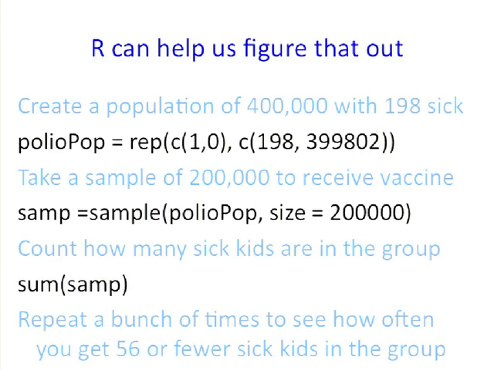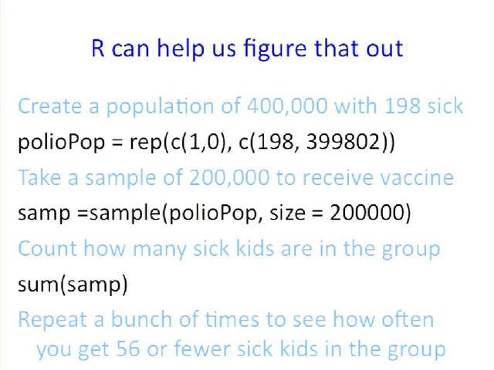What that does is it picks 200,000 of those 400,000 numbers at random without replacement from that whole group, and it assigns it to the variable called SAMP. Then if I add up SAMP, I'm adding up ones and zeros, and so the final thing will be the count of how many children in that group had polio. So that's essentially what went on in that field trial.